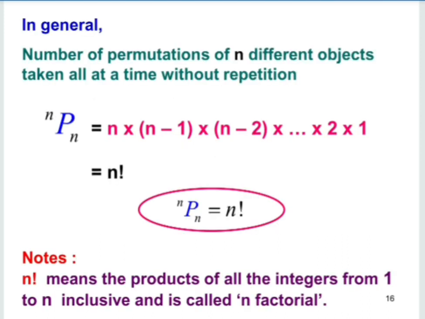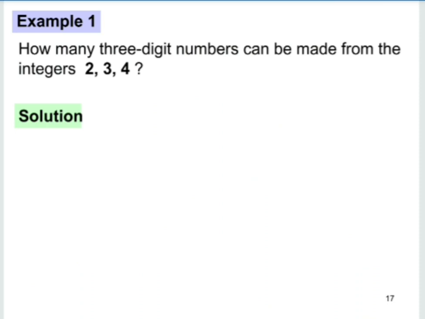In general, the number of permutations of n different objects taken all at a time without repetition is nPn, or equals n factorial. Let's look at an example. How many 3-digit numbers can be made from the integers 2, 3, and 4? Here we have n equals 3 because we have 3 numbers, 2, 3, and 4.